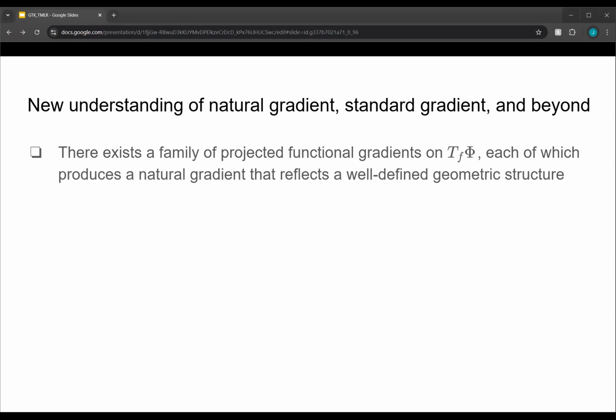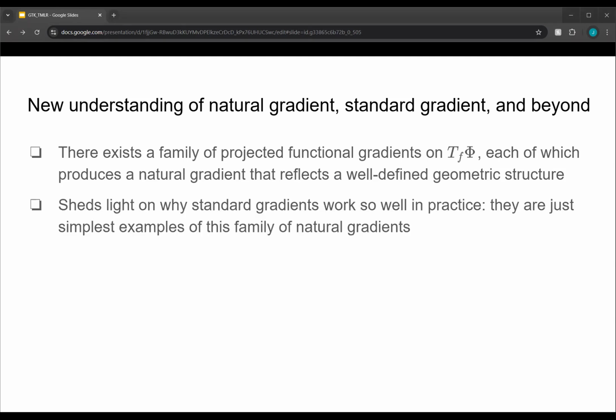This is in contrast to the conventional wisdom that natural gradient has an advantage over standard gradient or other gradients in capturing the geometric structure of the function space, which was exactly the reason why it was called natural gradient. Now we see that, at least locally, the whole family of projected functional gradients given by GTKs are all natural.